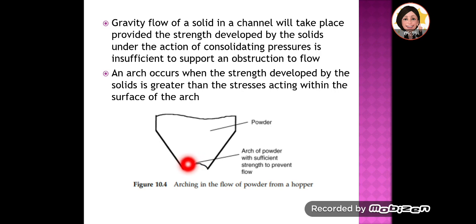When the compaction increases, once the strength is higher than the stress among the flowing powders, arching will happen and flow will be stopped. If the stress of the flowing powders is stronger, the arch will form, but it will collapse because this side is stronger than the arch itself. So the flow will still continue to happen.